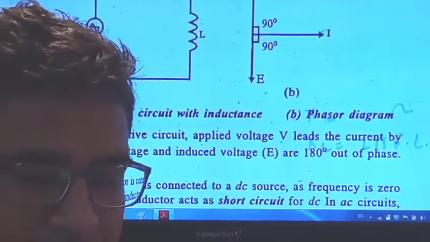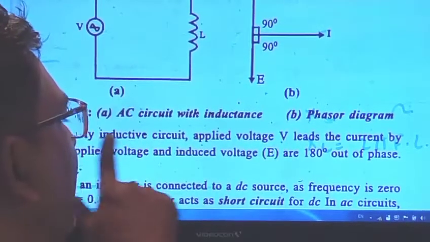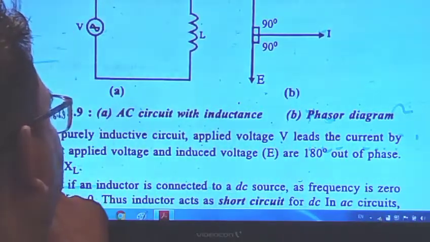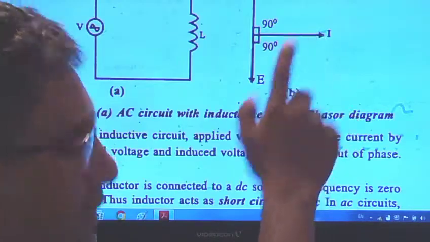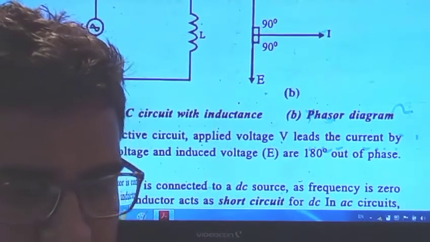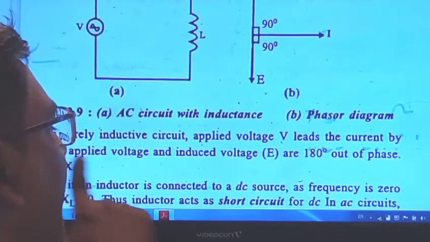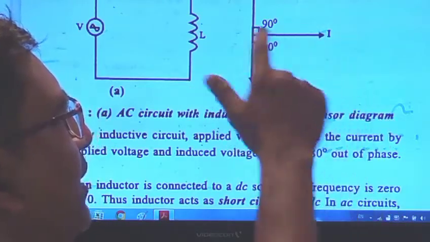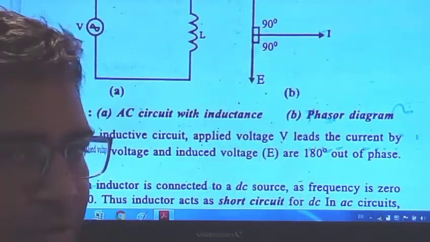When you consider this one, it is a purely inductive circuit. Applied voltage V leads the current by 90 degrees. It leads the current by 90 degrees, but the applied voltage and the induced voltage are 180 degrees out of phase.